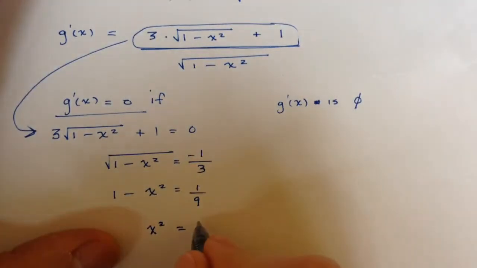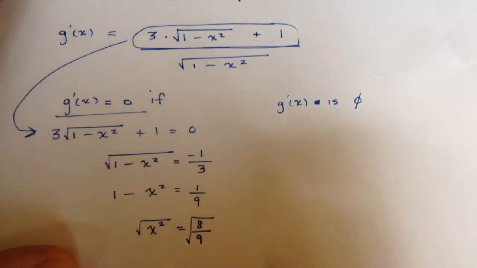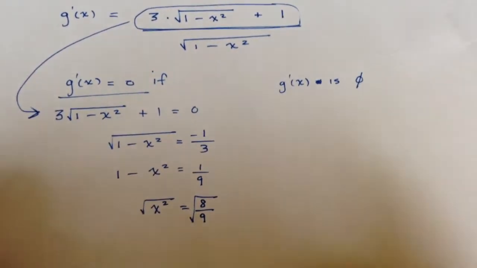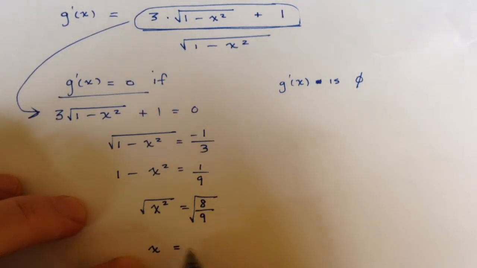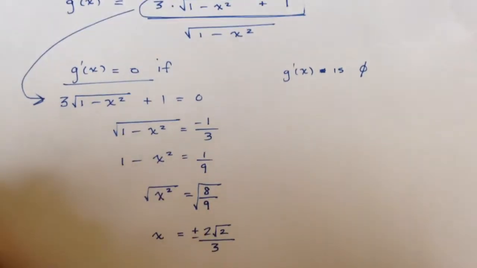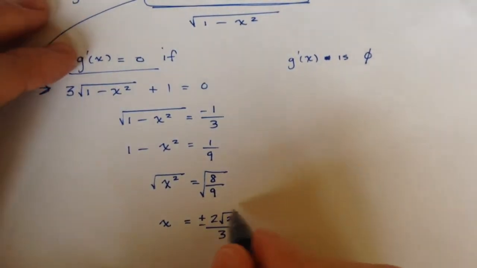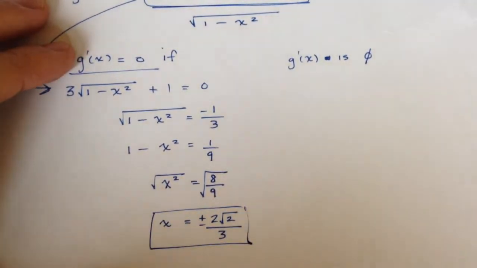We get that x squared is equal to 8/9. We root both sides to determine the value of x, and at long last we get that x could be plus or minus the square root of 8, which I will call 2 roots of 2, over the square root of 9, which is 3. Notice that both of those are in our range. They're between -1 and 1, so those are going to be a pair of critical points of the function.